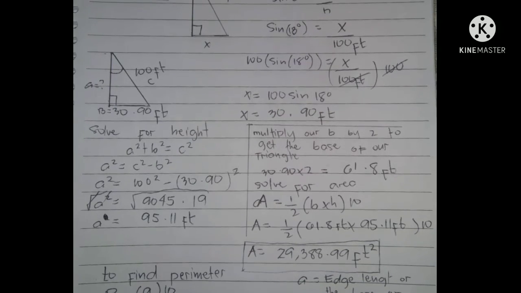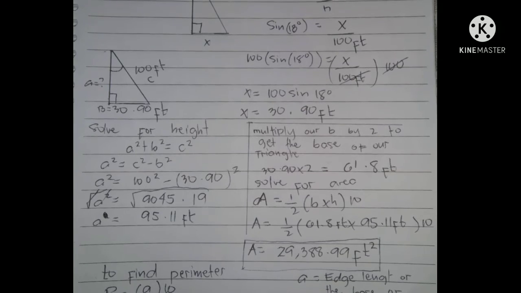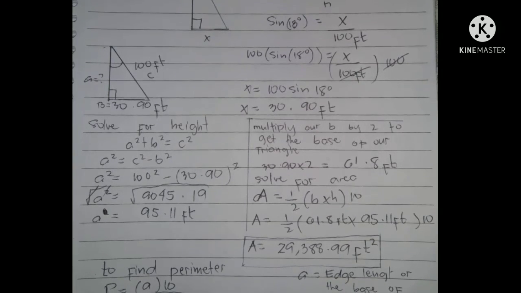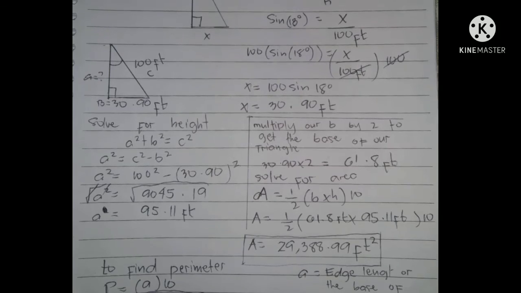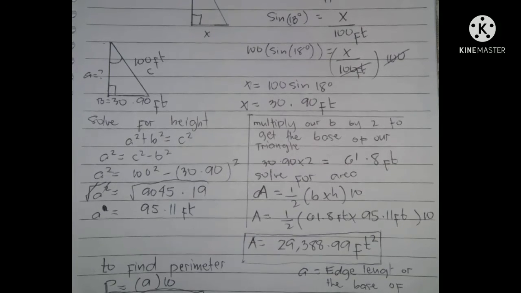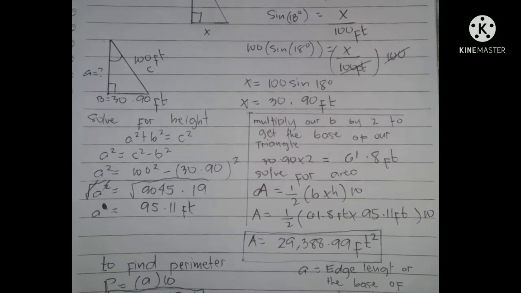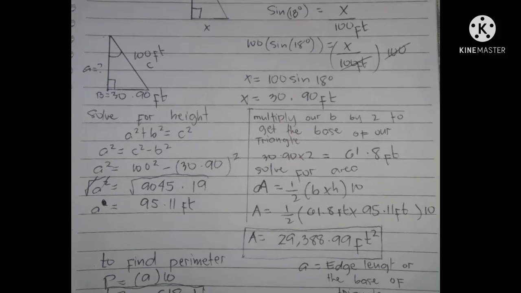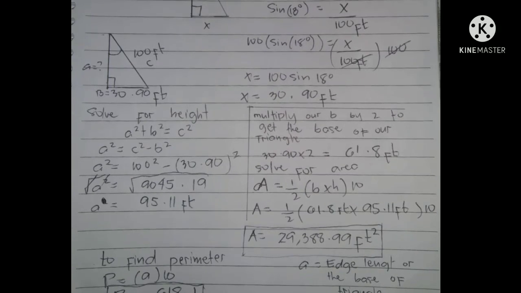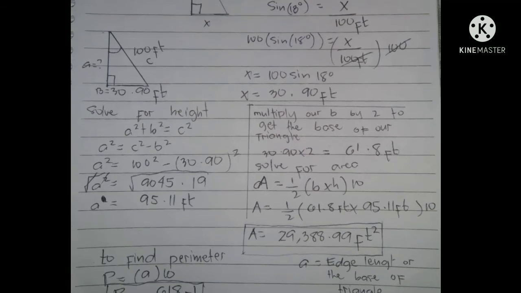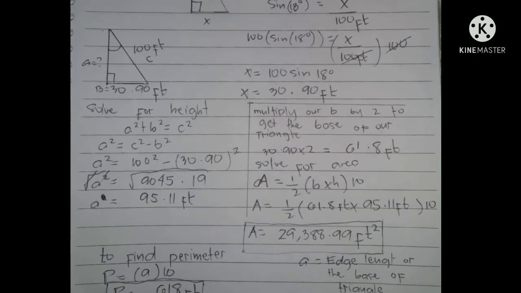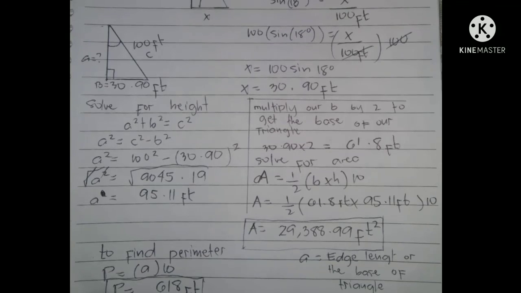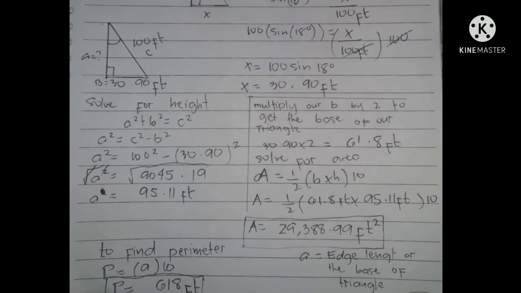I'm going to use again the formula area equals 1/2 times base times height times 10 because our decagon has 10 sides. Now it will become area equals 1/2 times 61.8 feet times 95.11 feet times 10. So our area, if we calculate this, we will get 29,388.99 feet squared. So that is the area of our decagon.